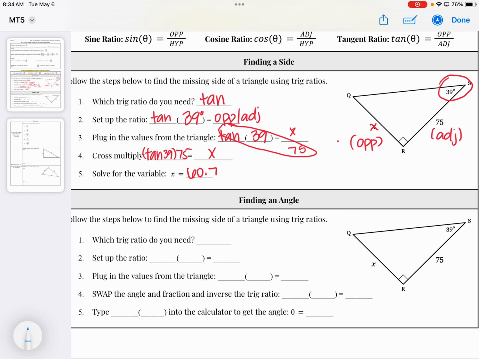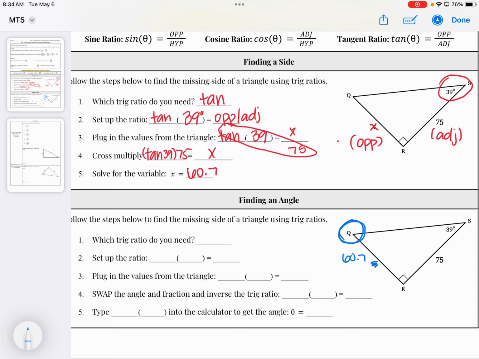Now let's try finding an angle. Very similarly, this time we're going to look for angle Q. I'm going to circle angle Q because that's the angle I'm looking for. We think about what we're given and what we're looking for. We already know side QR, which we just figured out was 60.7.